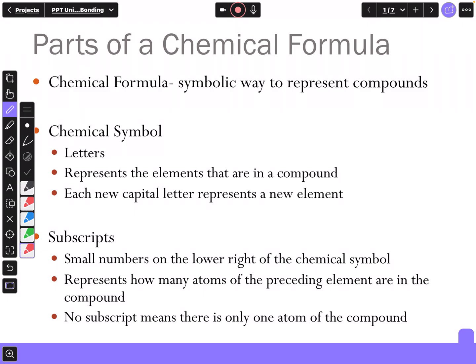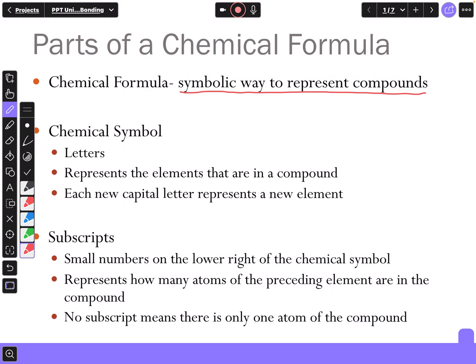First, a chemical formula is a symbolic way to represent compounds. We use symbols as a shorthand way of doing that instead of writing it out all the time. We've come up with a system of doing this.